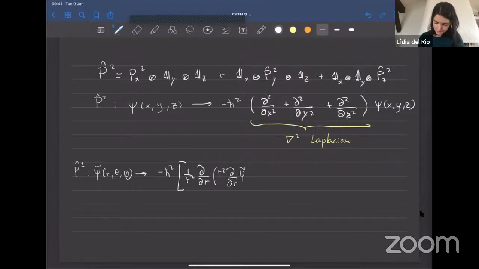I'll not write all the coordinates here, so this is again the wave function, plus 1 over r squared. And now comes 1 over sine of theta, d d theta.